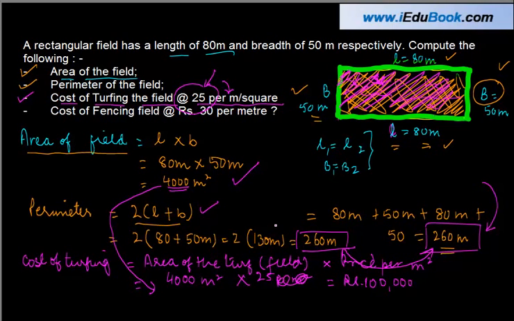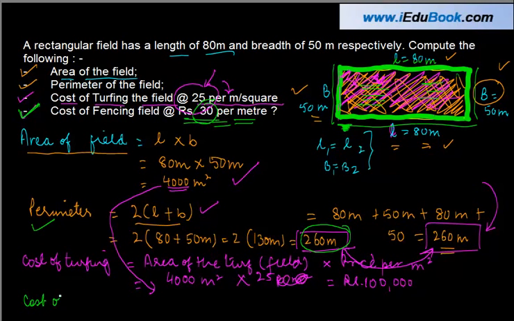right? The fourth one says cost of fencing the field at 30 per meter. Now, where do you put the fence? Do you put the fence in the middle of the field, or you just put it on the sides? Obviously on the sides. And you are told that when you put a fence of 1 meter, you have to pay 30. What is the total length of this entire thing? It's nothing but the perimeter, which we got as 260 meters. So we need 260 meters worth of length to cover the entire perimeter.